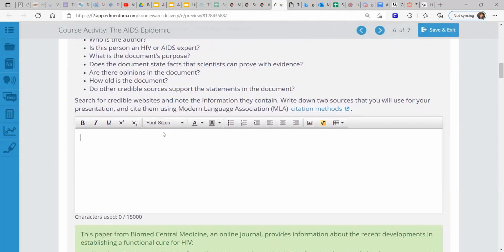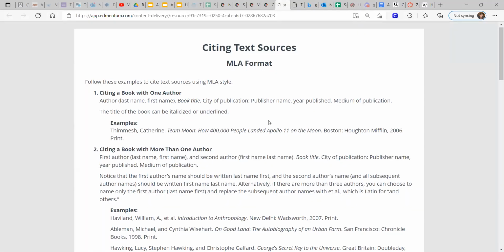So we want to write down 2 sources that you will use and then cite them using MLA format. And you can use EasyBib or follow this format right here. Author, last name, first name, book title in italics, city of publication, publisher name, year published, medium of publication.